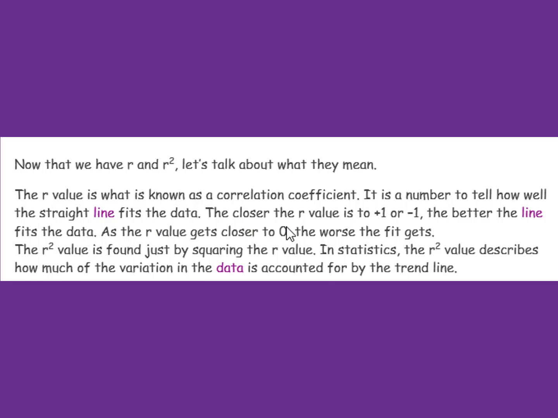The closer the R value is to +1 or -1, the better the line fits the data. As the R value gets closer to 0, the worse the fit gets. The R squared value is found just by squaring the R value. In statistics, the R squared value describes how much of the variation in the data is accounted for by the trend line.